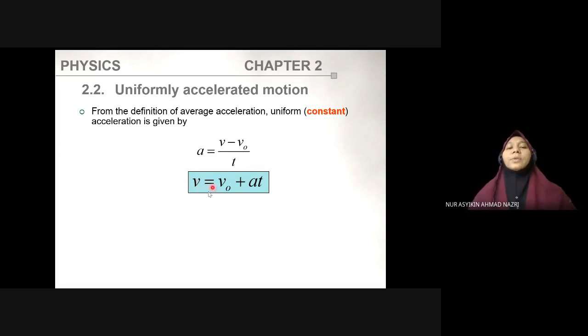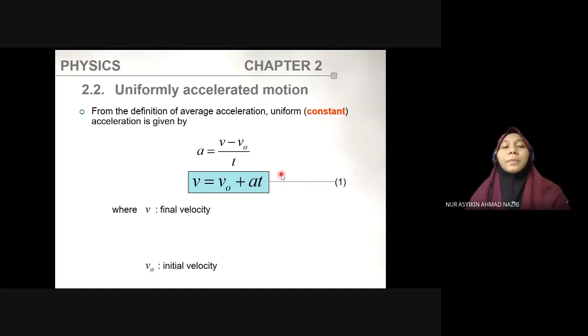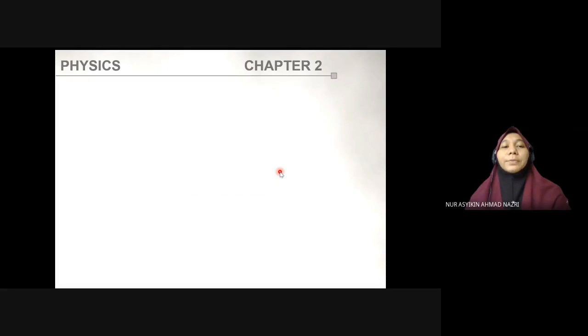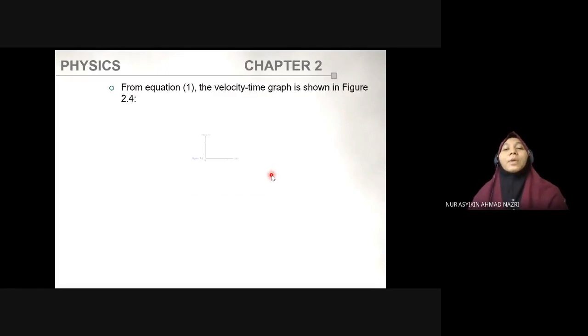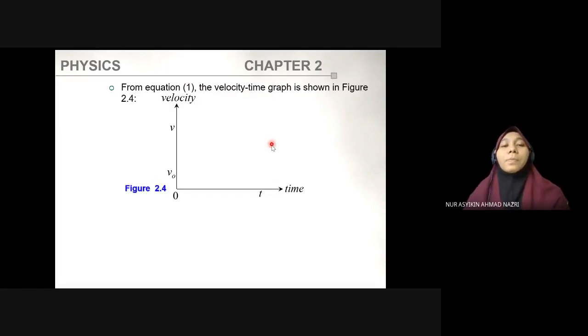So velocity equals V0 plus AT. This is our first equation: final velocity, uniform acceleration, time.